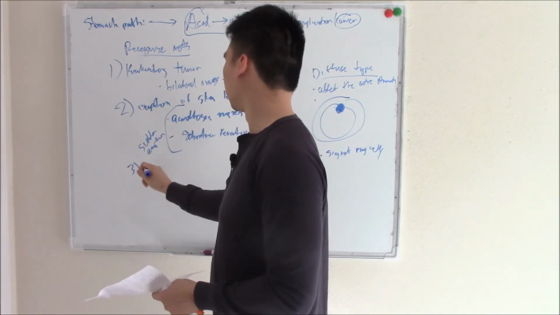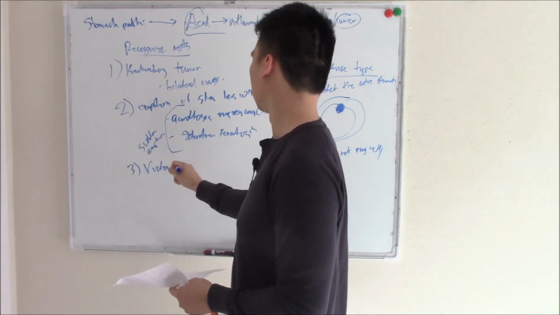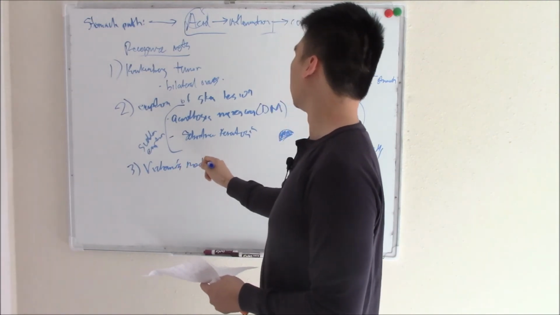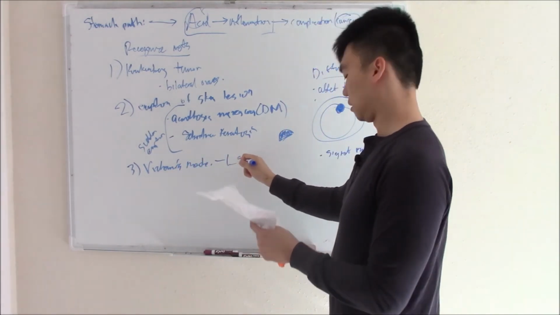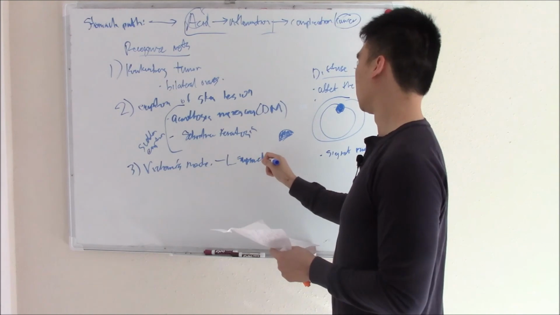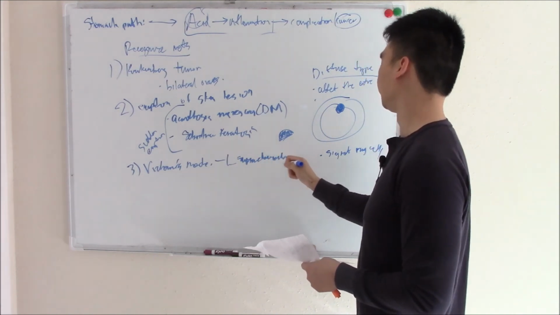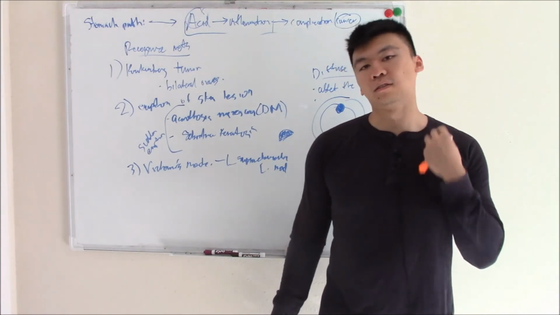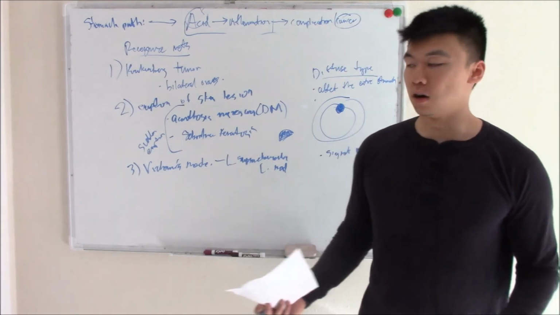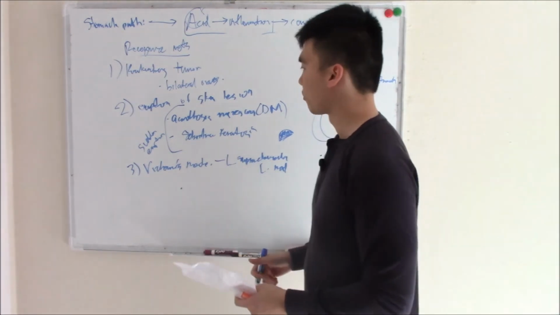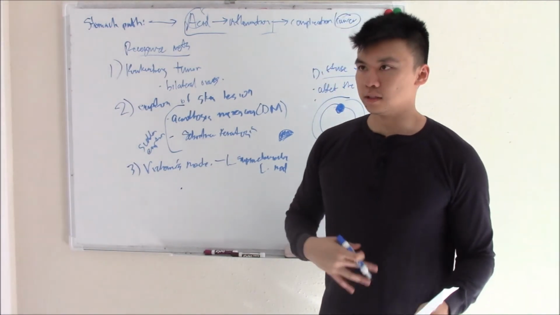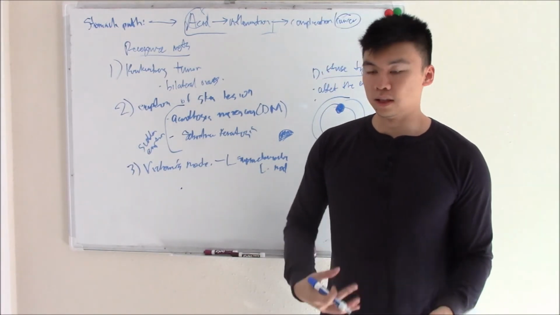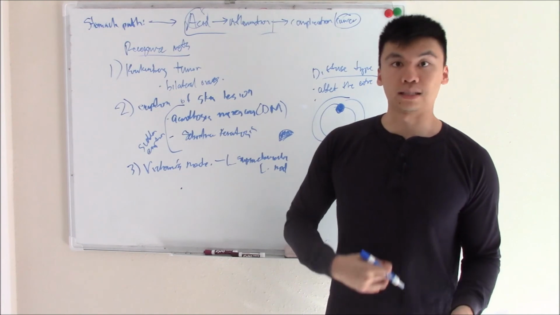Third example, Burkhardt node. This is an enlarged left supraclavicular lymph node. So enlarged left supraclavicular lymph node. Why is that node enlarged? Because your stomach and a lot of these organs down here get their lymph drainage by the thoracic duct.